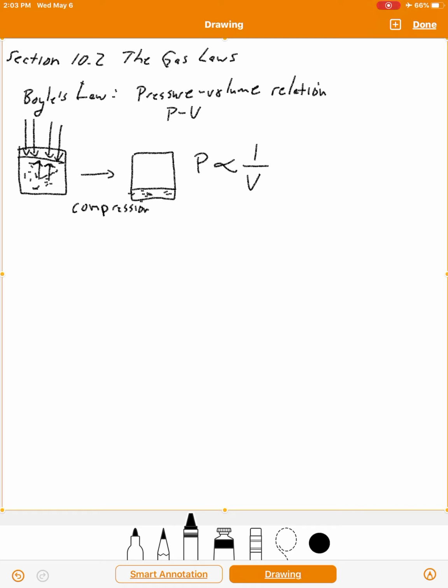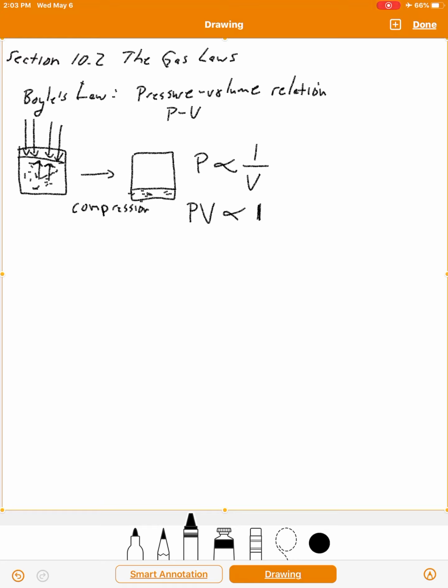Okay? So now, how do we deal with this equation? How do we use it? Well, I'm going to rearrange it. I'm going to multiply both sides by V. So now I have P times V is proportional to 1 over V times V, or just 1, right? So the pressure times the volume is proportional to 1.